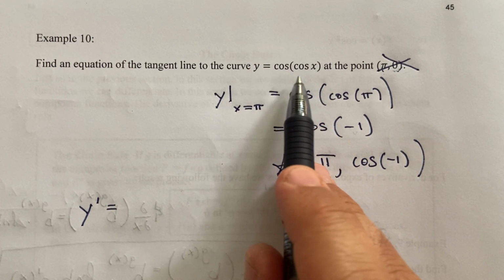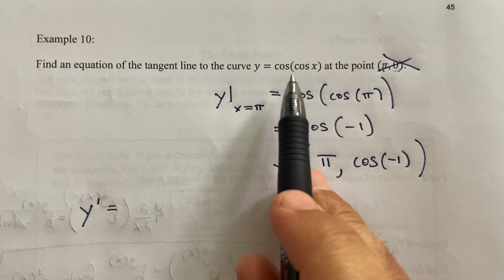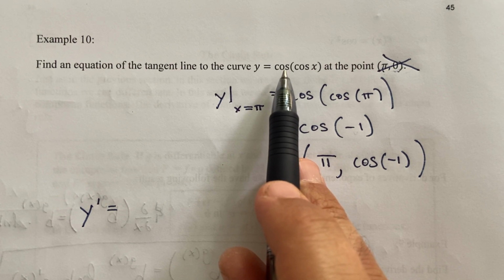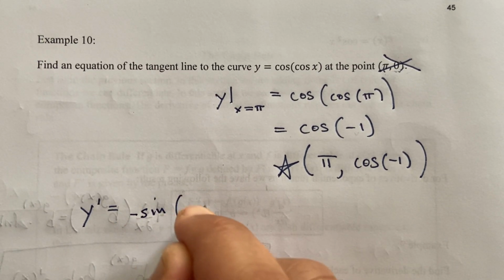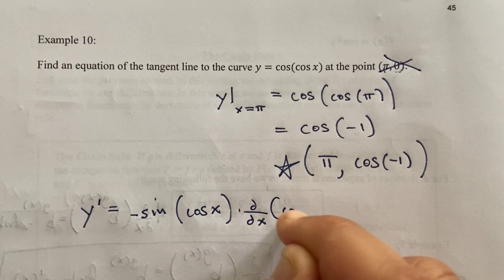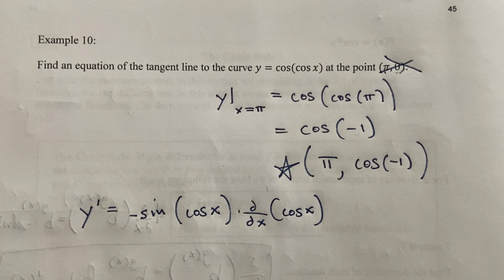This is a composite function. We need the chain rule to differentiate here. So the first thing I need to do is take the derivative of the outermost function, which is cosine. The derivative of cosine is negative sine. So I'll have negative sine of cosine of x, but then I need to multiply by d/dx of cosine of x. I'm writing a lot of steps, right? As you get quicker, you don't need to do all these steps.